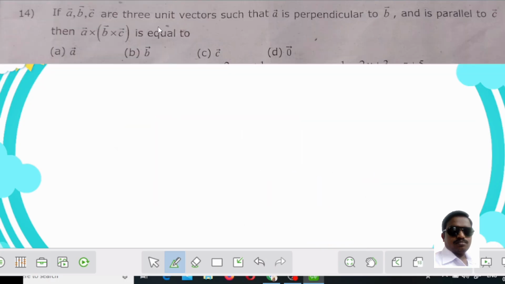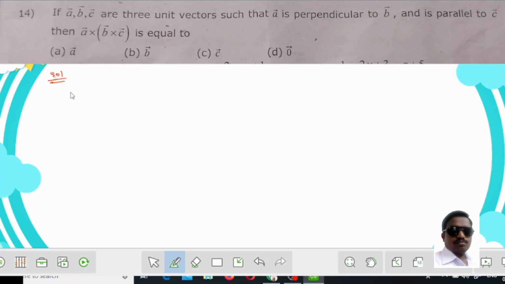Next question. If A, B, C are three unit vectors such that A is perpendicular to B and A is parallel to C. So this is the given statement. They are asking you to find out A cross B cross C. Solution.